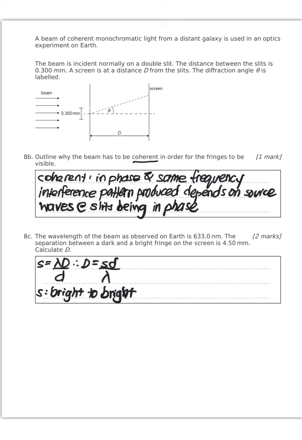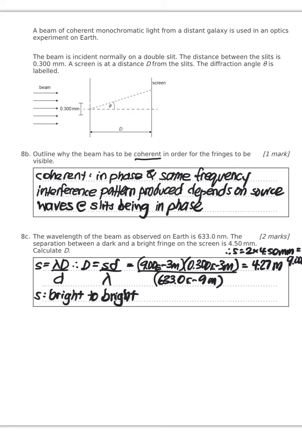So not to worry, it says that from a bright fringe to a dark fringe is 4.5 millimeters, which means that the distance from a bright fringe to the next bright fringe is double that. So otherwise we're solving for the distance to the screen using an S not of 4.5 but of 9 millimeters. And we wind up with a distance to the screen of 4.27 meters.